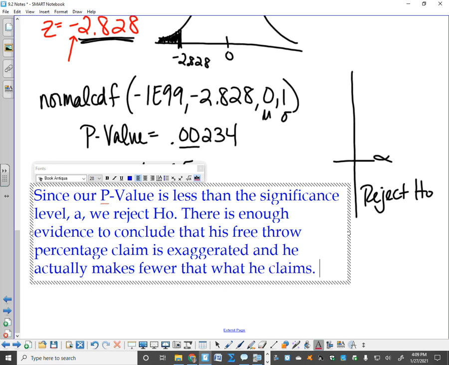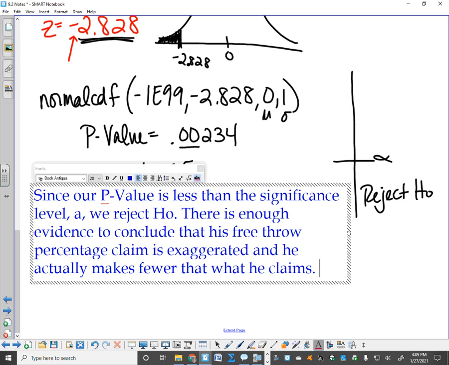So notice I didn't just say there is enough evidence to conclude H sub A. I have to state it in context of the problem. So your first sentence is kind of very sterile and formula, but your second sentence is more in context of the problem. There is enough evidence to conclude that his free throw percentage claim is exaggerated and he actually makes fewer than what he claims.